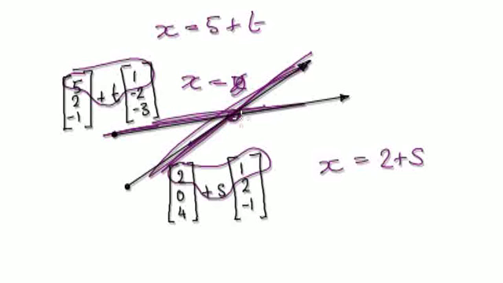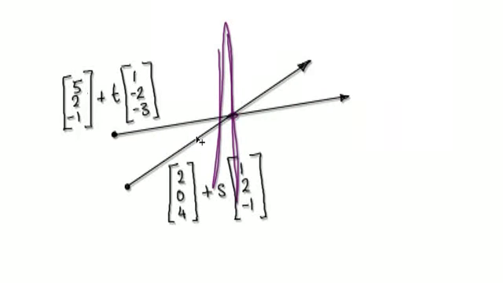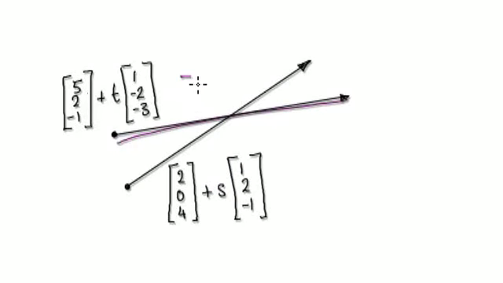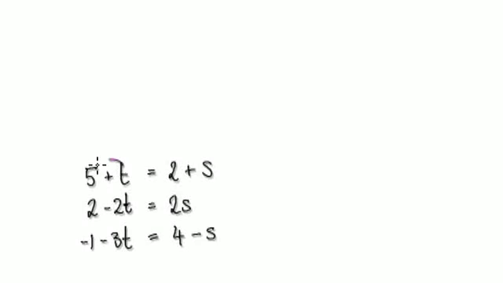And at the point of intersection, the y location for this line will be the same as the y location for this line. And then at this point, the z location for this line will be the same as the z location for this line. In short, this is your x for the first line.